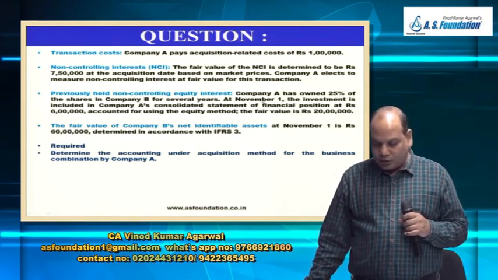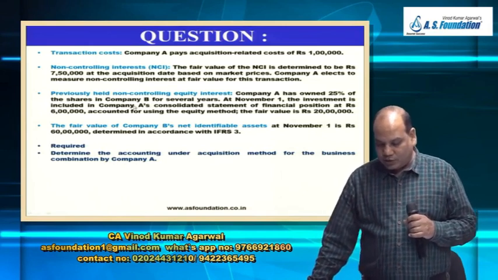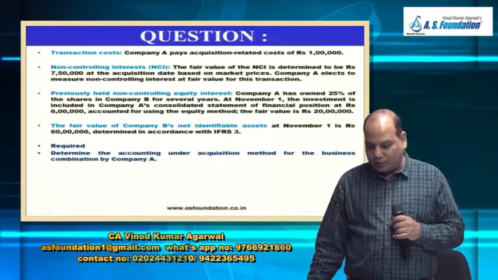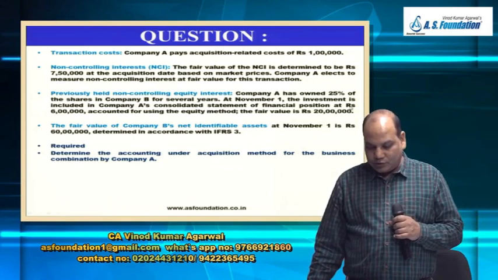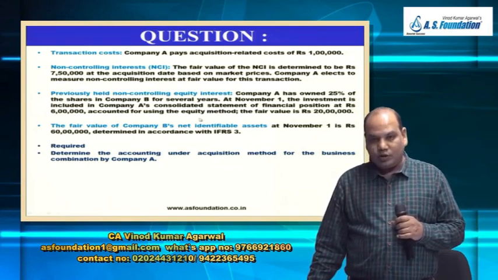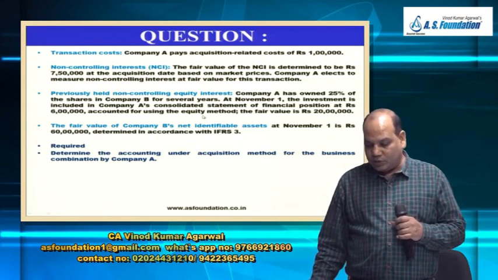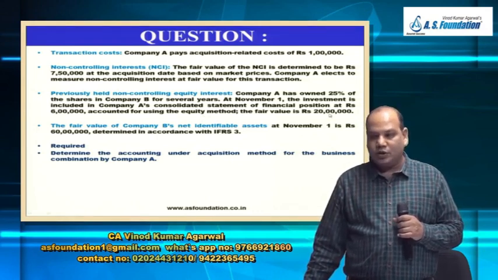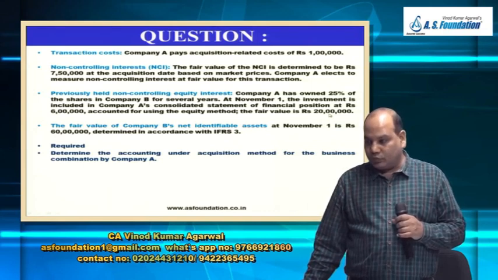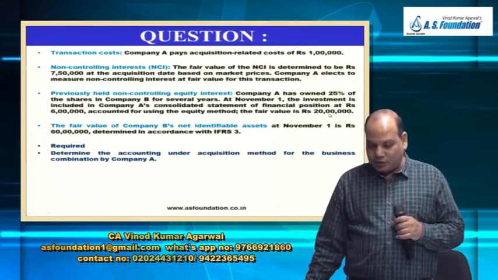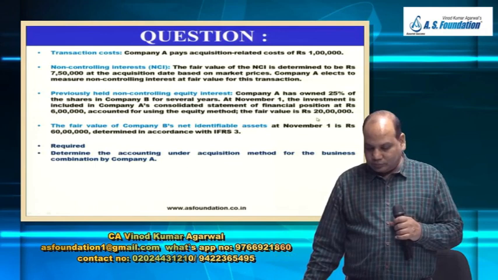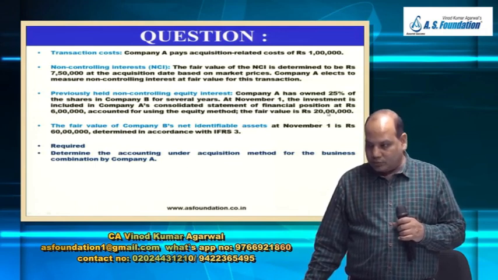On 1st November, the investment is included in Company A's consolidated statement of financial position at 6 lakh using the equity method. That means they have applied IS 28. Carrying amount is appearing 6 lakh. But the fair value of this 25% stake today is how much now? 20 lakh. So which figure we will take? Fair value we will take.